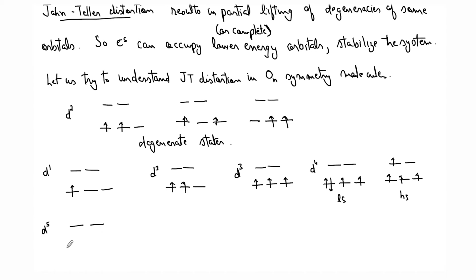D5 also can have a low spin and a high spin complex. So let us first draw low spin. This is low spin, so I will write LS. And this one is high spin. So this cannot undergo distortion, whereas the low spin can, because in the high spin there are no degenerate states possible. Okay, D6. D6 can also be low spin or high spin. Let us first draw the low spin.